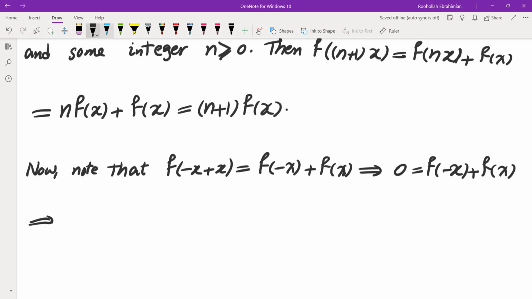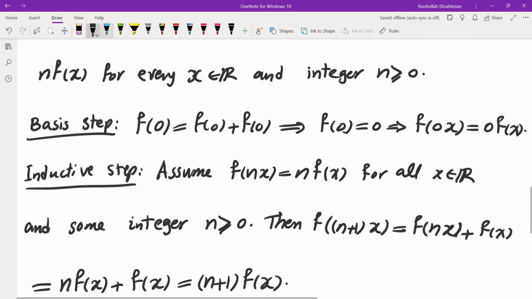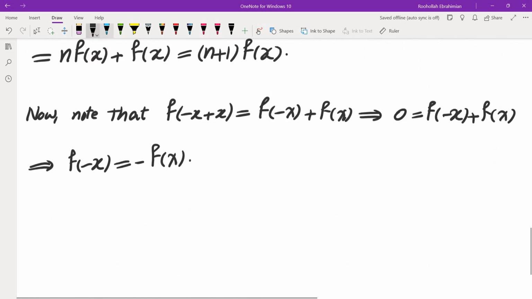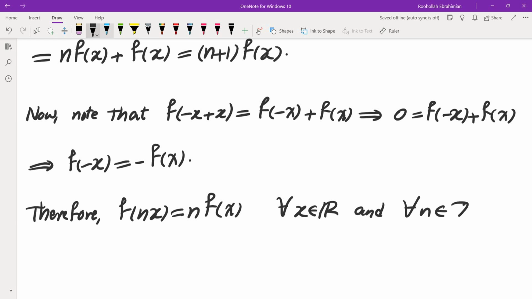And if we bring f of x to the other side, we get negative f of x is equal to f of negative x. And that proves what we wanted to show. Now, therefore, f of nx is equal to n f of x for every real x and every integer n.